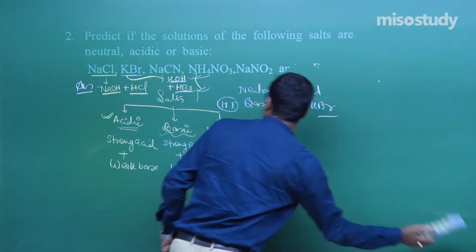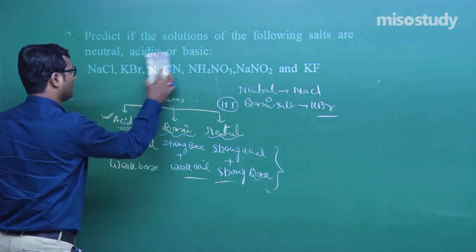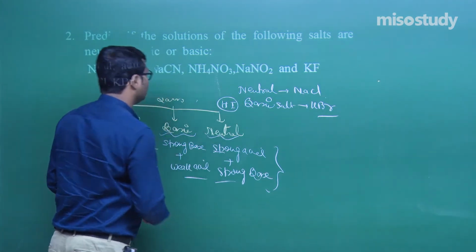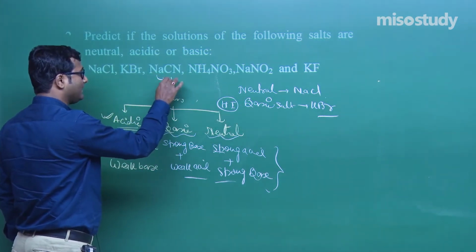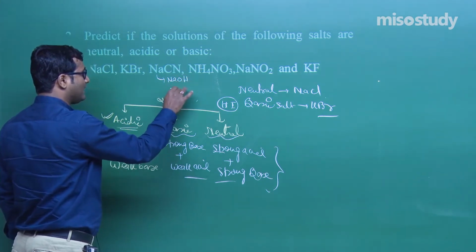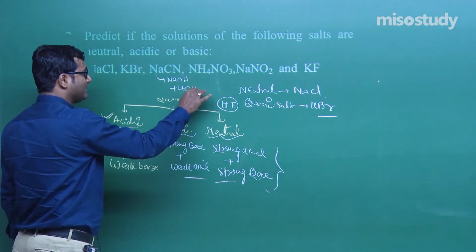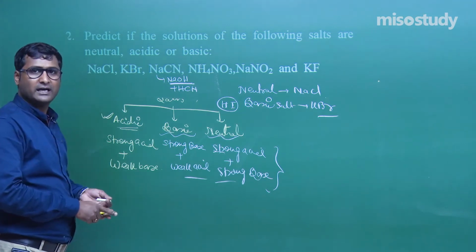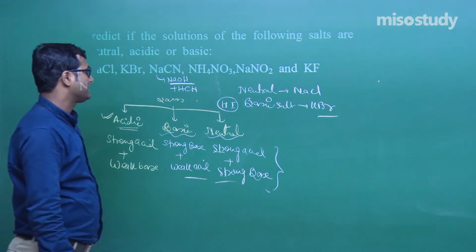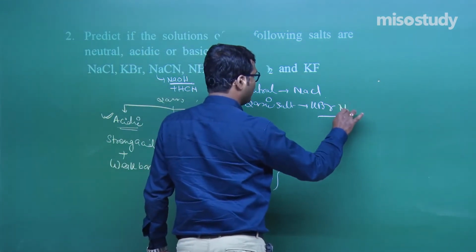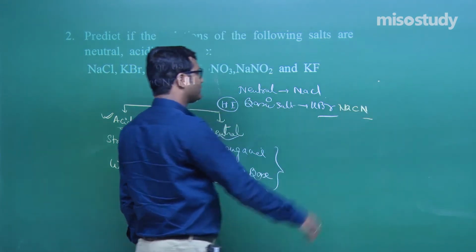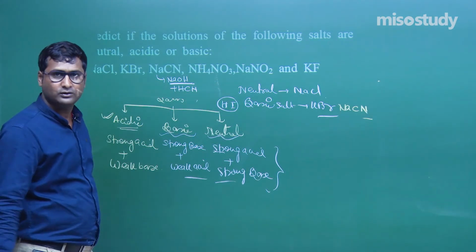Now wait for a moment. Now NaCN, from NaOH plus HCN. This is again a basic salt because NaOH is more powerful than HCN. So this is an example of a basic salt. Now NH4NO3.